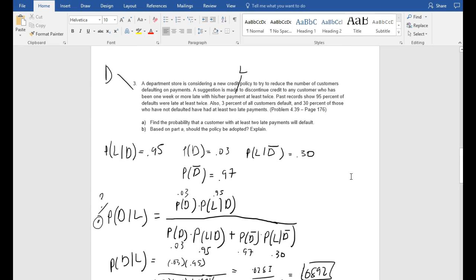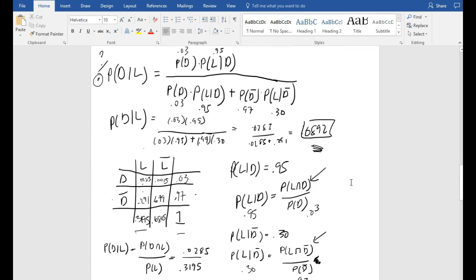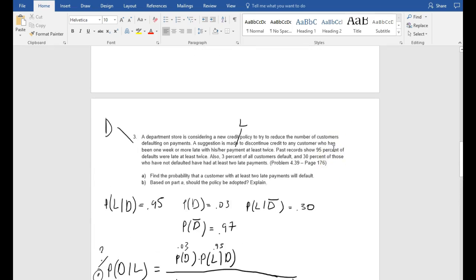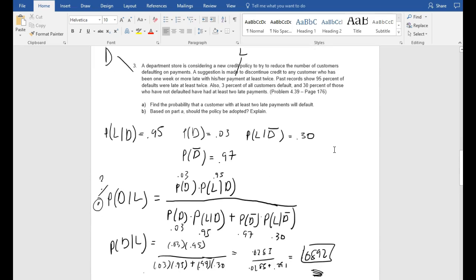So we come up here: based on part A, should the policy be adopted? I would say yes, the policy should be adopted because the probability of D given L is 0.092, almost 9%. That's greater than the probability of D, which is 0.03.